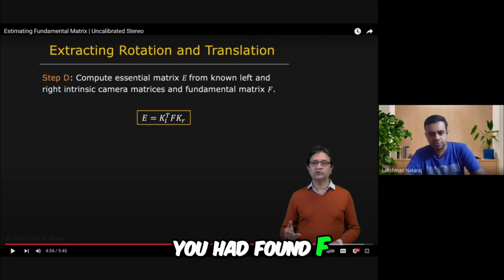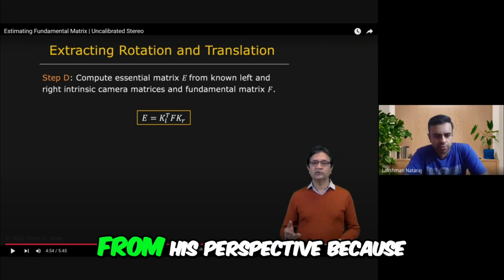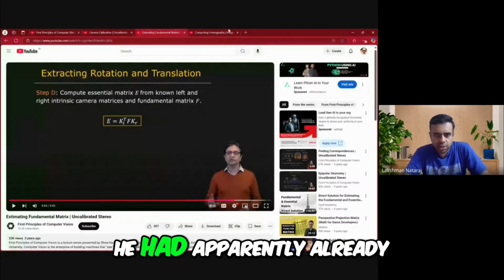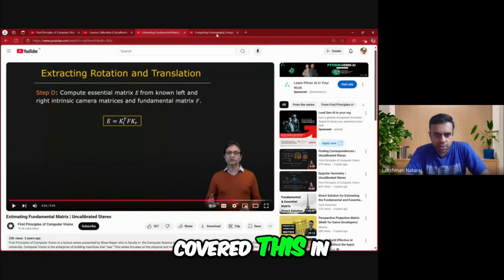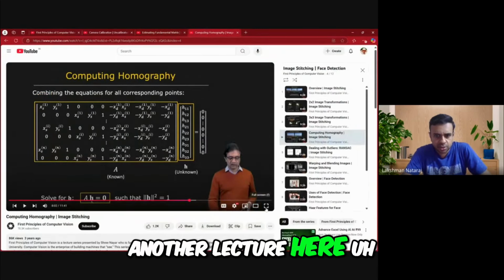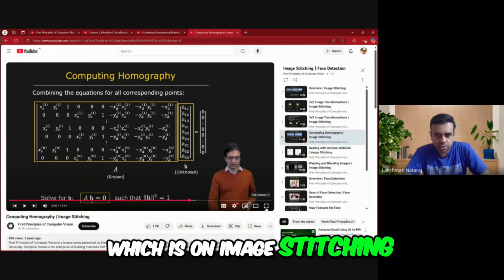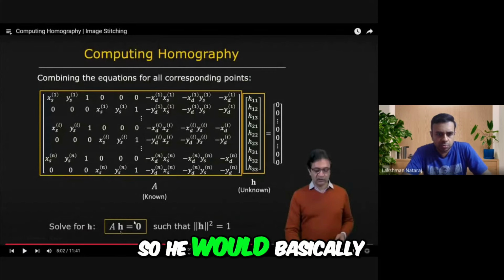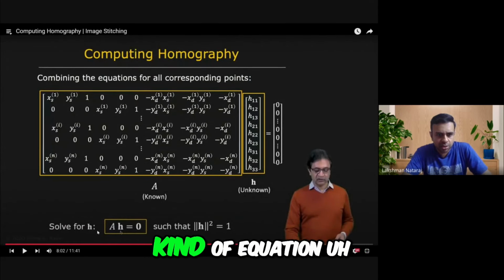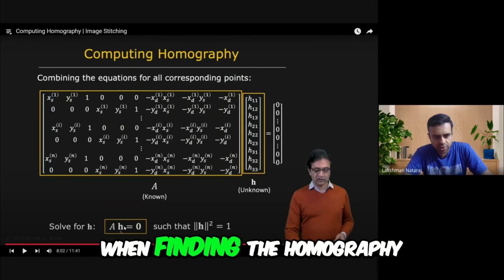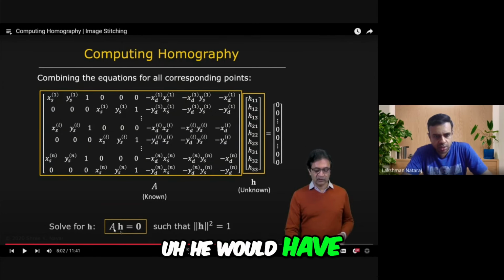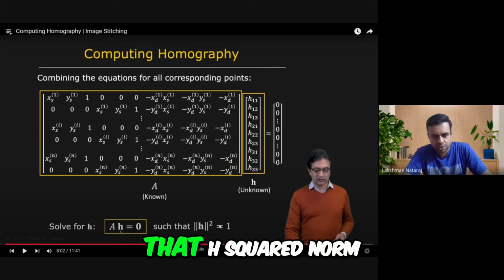You had found F right there, and it's okay from his perspective because he had apparently already covered this in another lecture, which is on image stitching. He would have almost the exact same kind of equation when finding the homography, Ah equals 0, such that the norm of h squared equals 1.